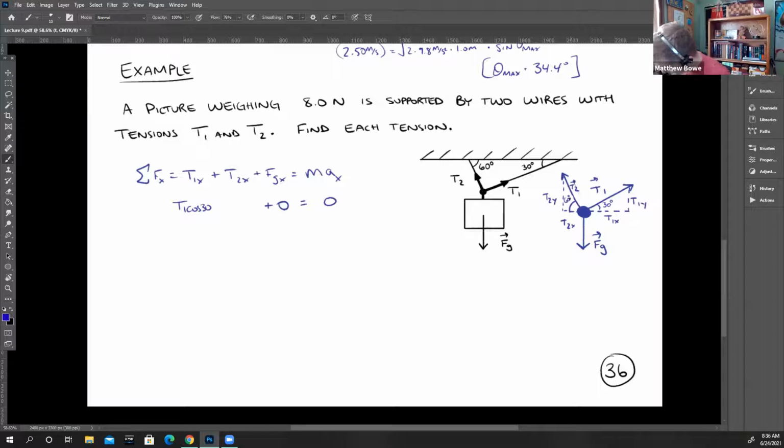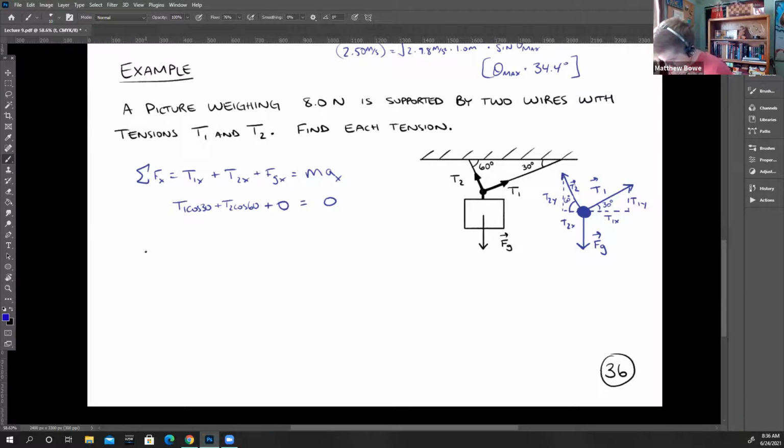And for T2, we have T2 cosine of 60. I'm going to leave it like this. So this plus this equals 0, basically.